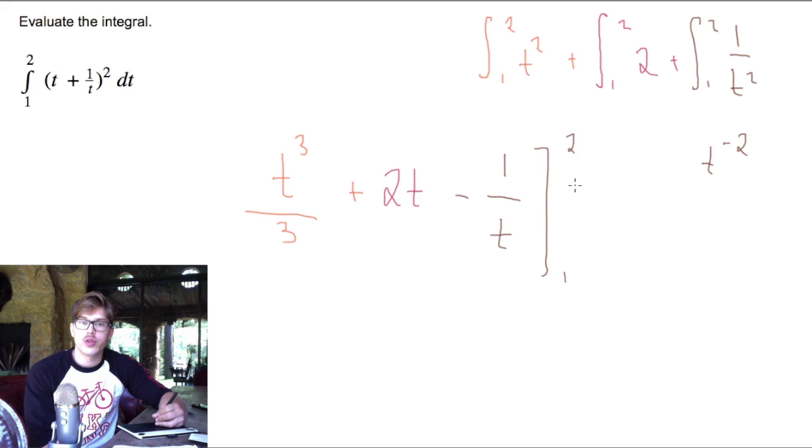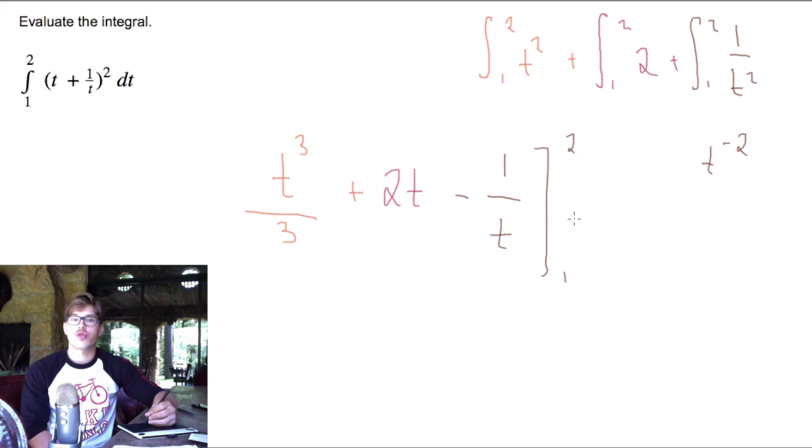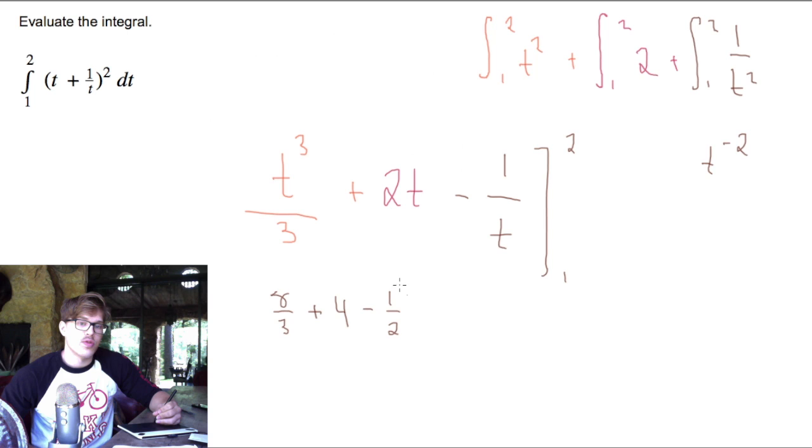So let's plug in 2, and then plug in 1, and subtract the two values from one another. If we plug in 2 to this function, we'll get 2 cubed, which is 8 over 3, plus 2 times 2 is 4, minus 1 over 2, so minus 1/2. Let's now change these fractions to have the same denominator, a denominator of 6.